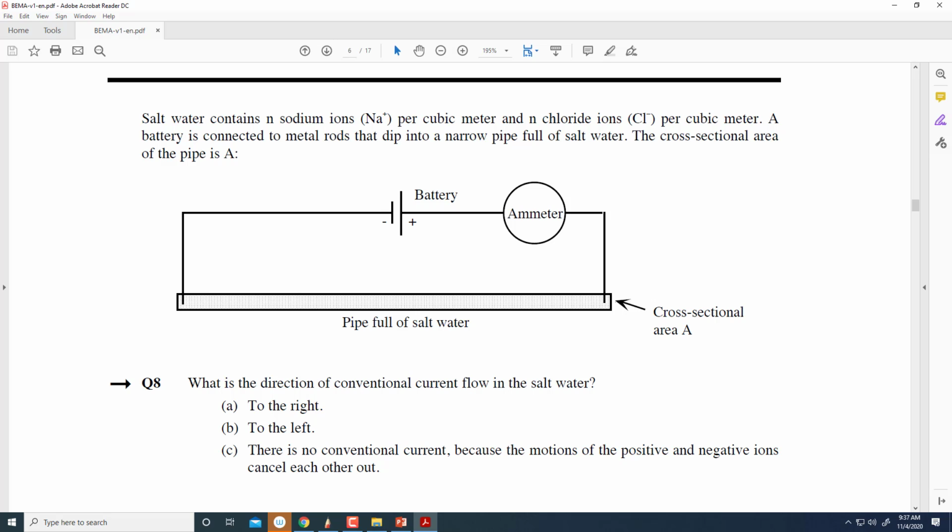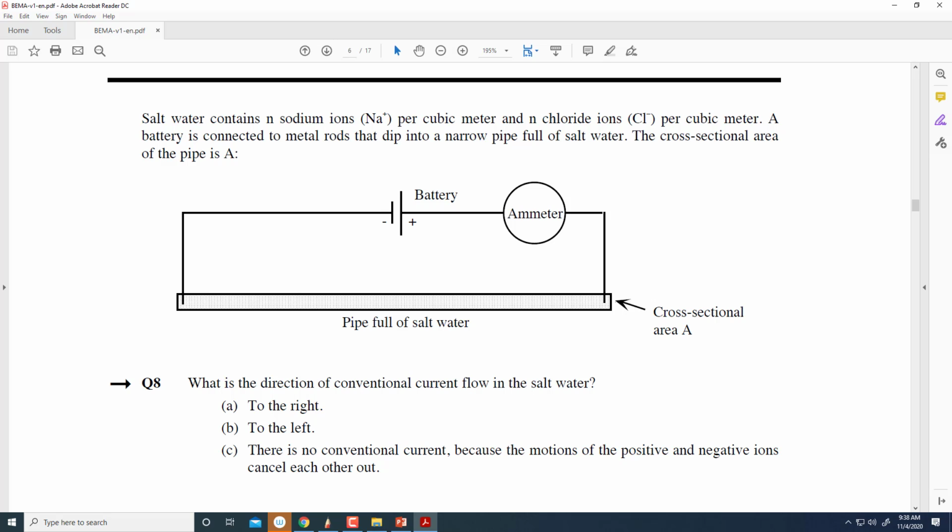We have a tube filled with salt water, and you pass current through the salt water by connecting it to a battery, and it is connected to an ammeter. An ammeter is a meter that measures the current.